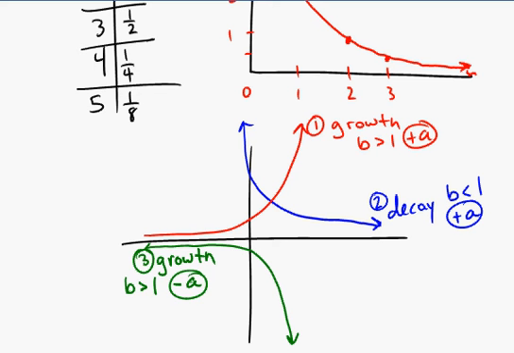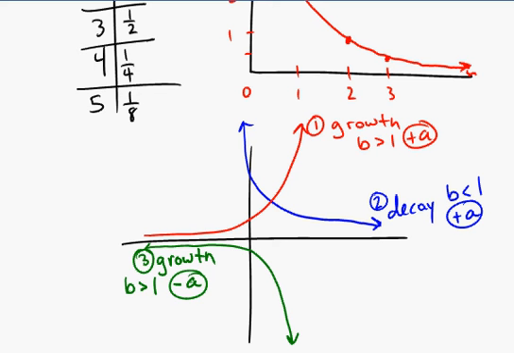What do you think the last one's going to look like? Can you tell? Yeah, I think it's going to be like this. Right? Okay. These aren't exact, correct graphs, but this is the general shape. So what we have is the options for b are b is either less than 1, greater than 0, or b is greater than 1.